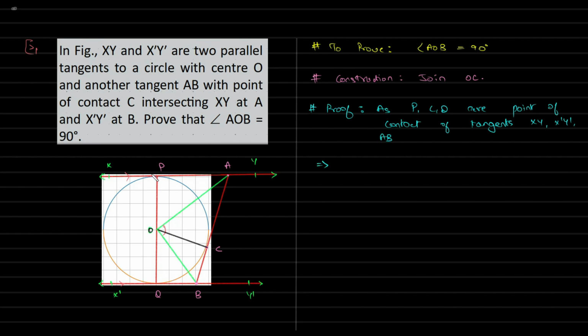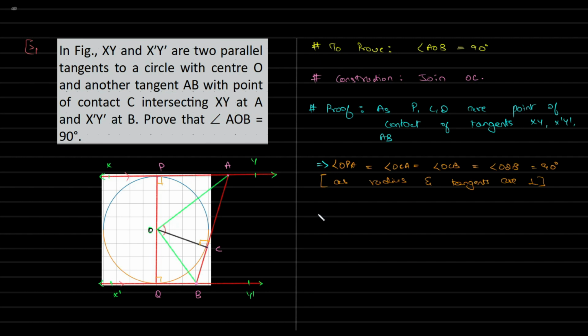We can tell that angle OPA is equal to angle OCA, which is equal to angle OCB, which is equal to angle OQB. All these angles are equal to 90 degrees. Reason: radius and tangent are perpendicular.